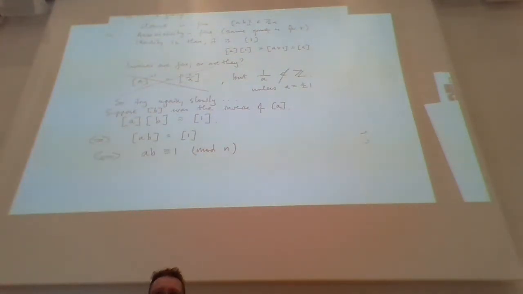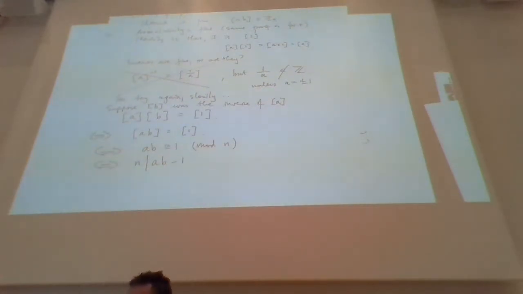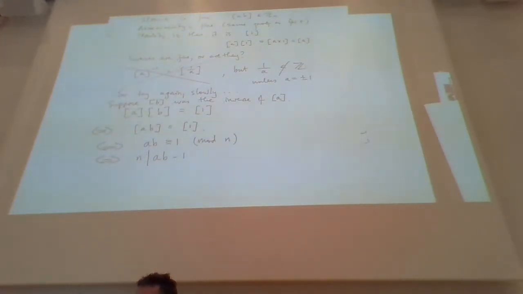It doesn't mean B is equal to 1 over A. That was an equation amongst real numbers. But we're talking about congruences amongst integers. What does that mean? This means n divides the difference between these two quantities, AB minus 1. So I'm just rolling with the definitions.